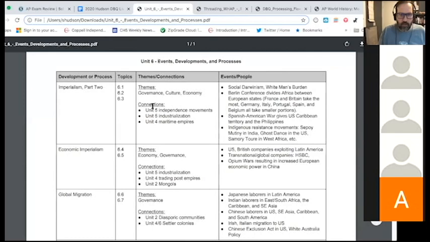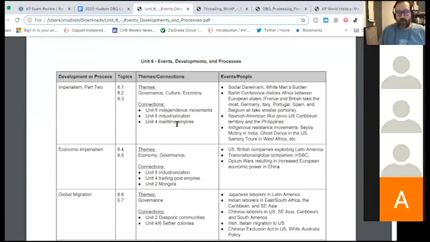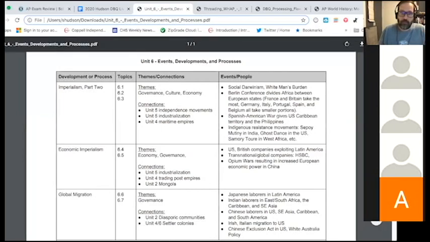Okay, connections. So this gives me independence movements in unit 5, industrialization in unit 5, and maritime empires in unit 4. When I'm thinking about contextualization, which of those seems like the strongest idea to me? Well, if it's indigenous responses, maybe it's independence movements from unit 5. There are two things: I know that the indigenous people may be trying to mimic the attempts at independence that were in unit 5.